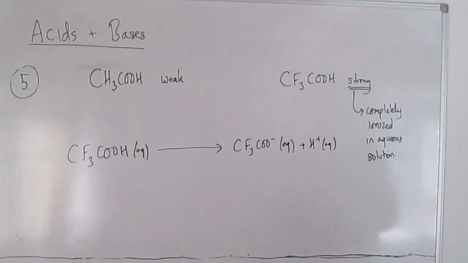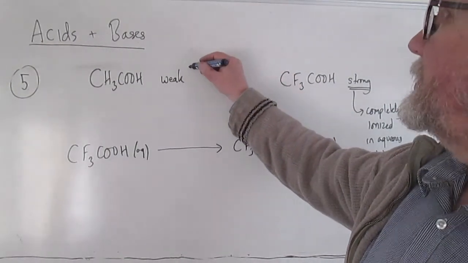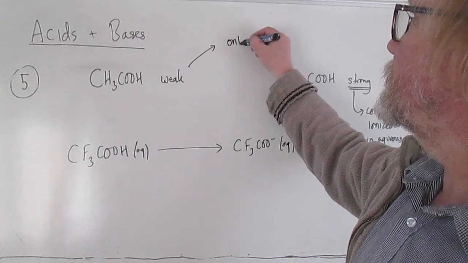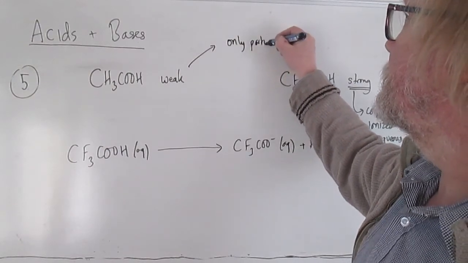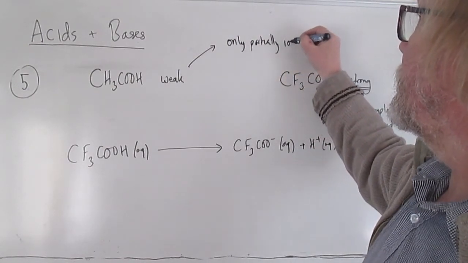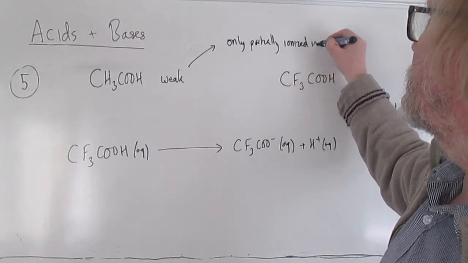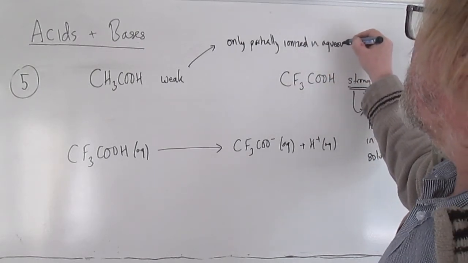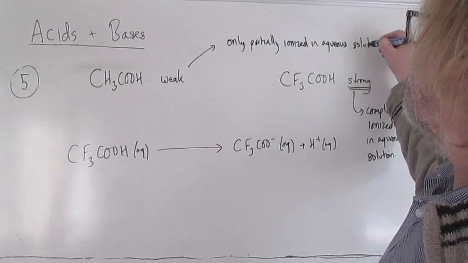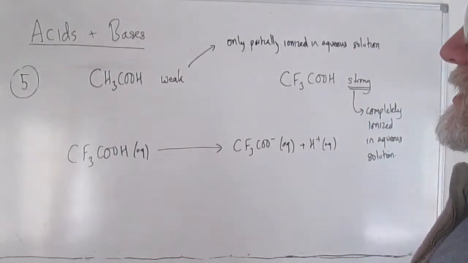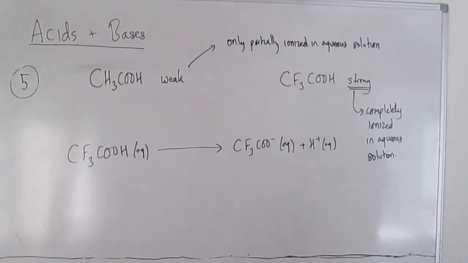So ethanoic acid is a weak acid, which means that it's only partially ionized in aqueous solution. In other words, only a fraction of those ethanoic acid molecules are actually broken down into ethanoate ions and H+.